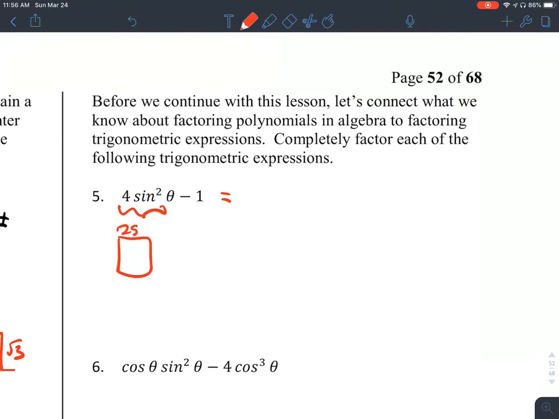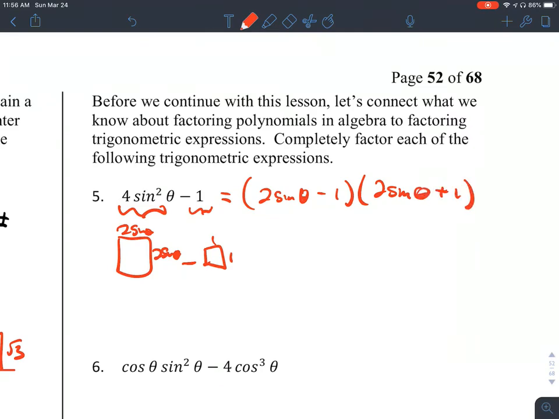It's a square that's 2 sine of theta by 2 sine of theta. This is a perfect square. It's a square that's 1 by 1. So that makes this factor into a 2 sine of theta minus 1 and a 2 sine of theta plus 1. All I'm doing right now is just showing you how these things can factor. These aren't real problems. These are going to be parts of future problems.